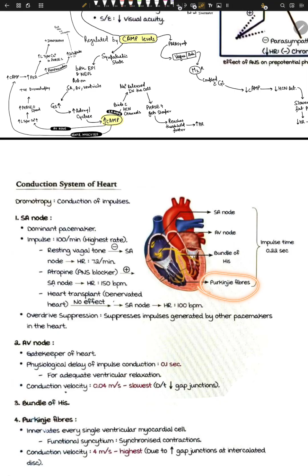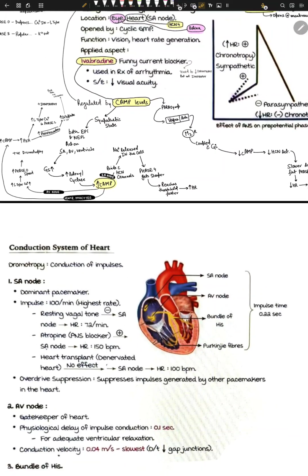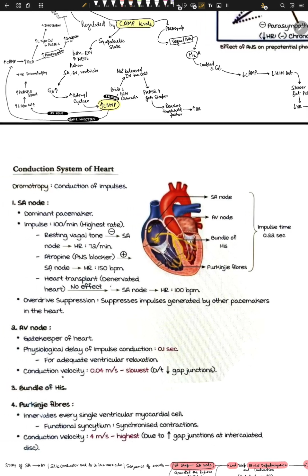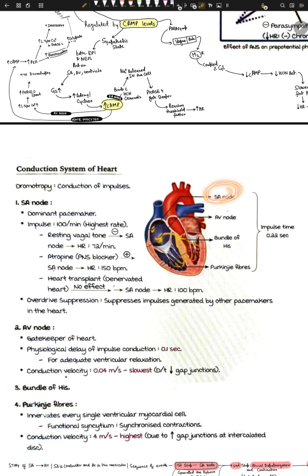Even Purkinje fibers can act as a pacemaker in weird pathological conditions. The conduction time from the SA node to Purkinje fibers is around 0.22 seconds. It's super fast. So the SA node is the primary pacemaker, this is secondary, and the Purkinje fibers and bundle of His can be tertiary if the situation is like that.